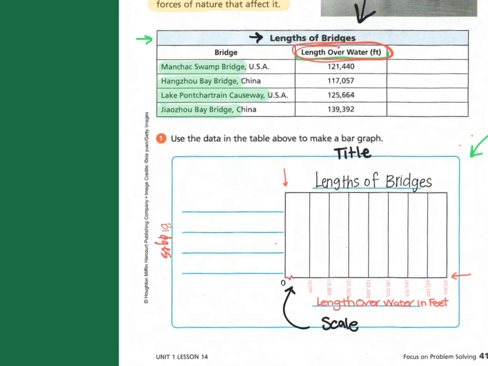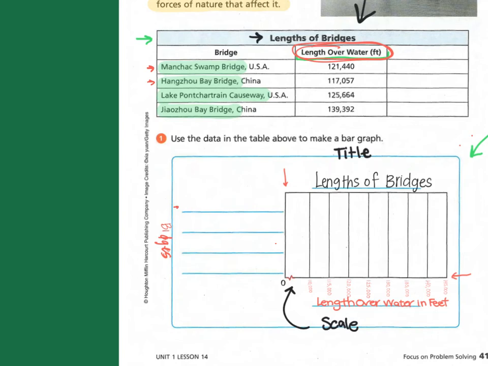Now that you've labeled your bridges, I want you to add in each one of the bridges for the categories. So you've got the Montauk Bridge, the Hangzhou Bridge, the Lake Pontchartrain Causeway, and the Jiahouse Bridge. You're going to put those right here.